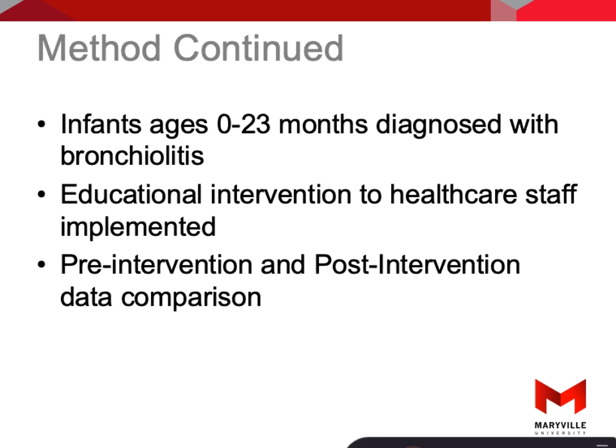The collection process stopped when the researcher, myself, satisfied the minimum requirement of 106 EMRs. There were 53 EMRs on each side of the intervention time frame. The minimum necessary data to accomplish the goals of the study was recorded on the data collection sheets.